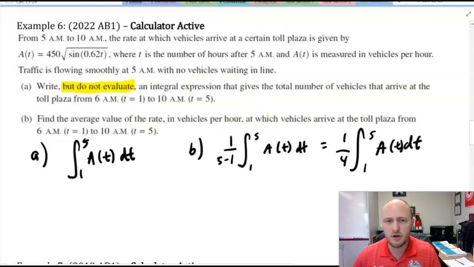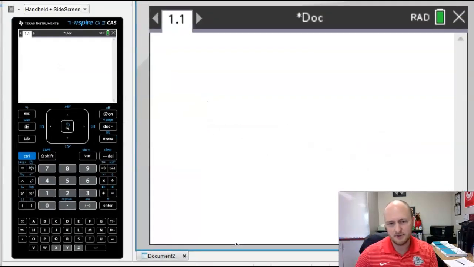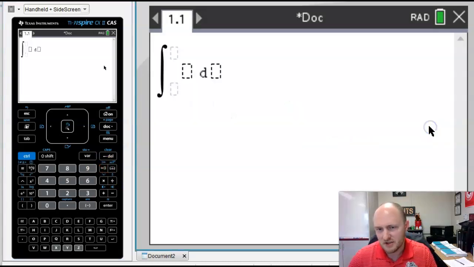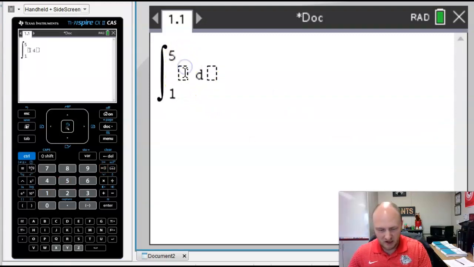And we're going to use our calculator to do this. If you have your calculator, go ahead and take it out. I'm on a calculator tab here, and we're going to use this button right next to the book, which has all these mathematical functions. So we're going to do the integral from 1 to 5 of A of t.